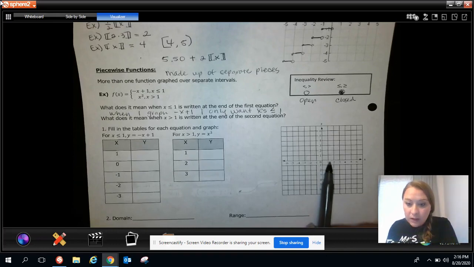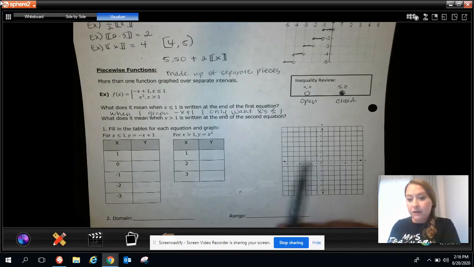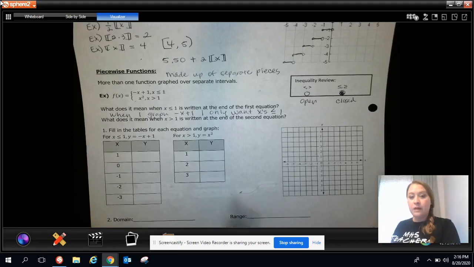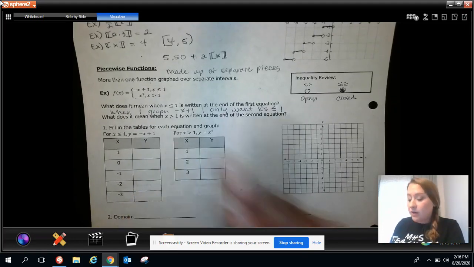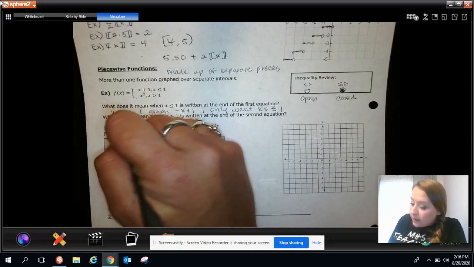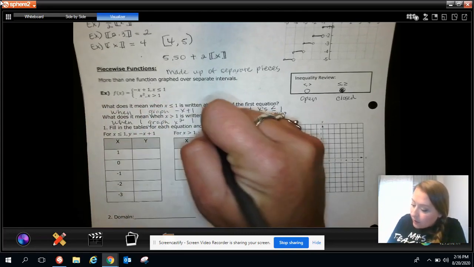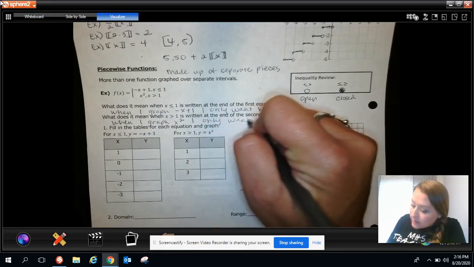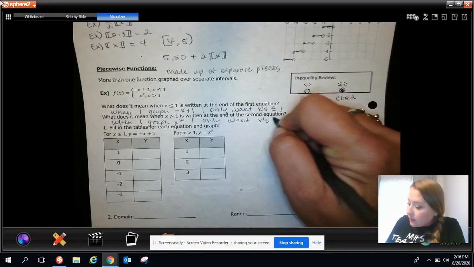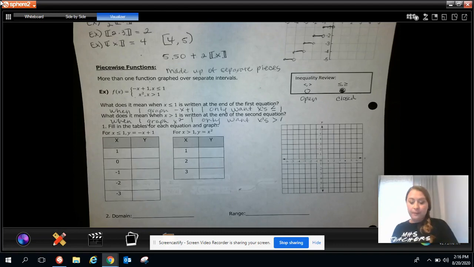So we would go to 1 and we would only use everything that's less than 1 in that section for this particular graph. The same thing here, when it's x is greater than 1, when I graph x squared, I only want the x's that are greater than 1 on the graph.